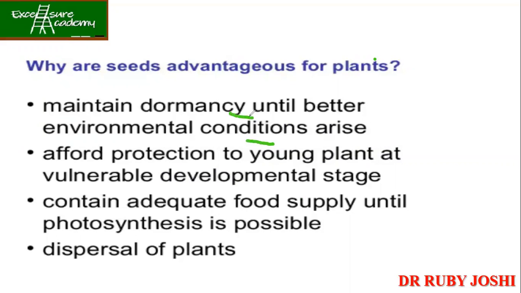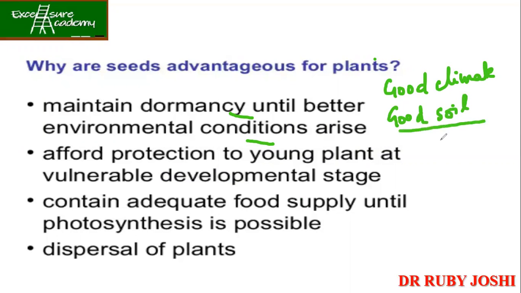Suppose we don't have a good climate, and for the farmers, the good soil is not ready. So what will the farmers do? They are going to wait, and they keep the seeds and store them.